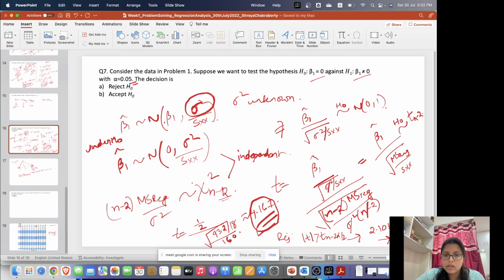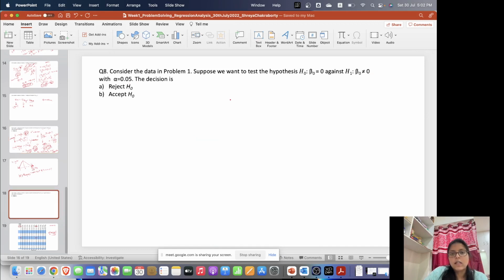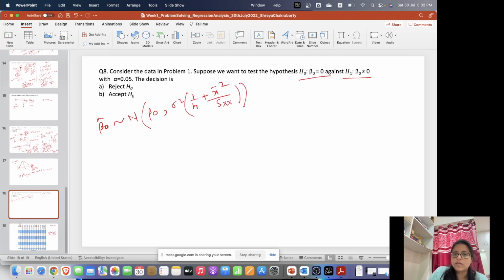Yes, ma'am. Okay. So similarly, this problem is asking us to test the hypothesis H0: beta naught equal to 0 versus H1: beta naught not equal to 0. As we have seen, beta naught hat is also a linear combination of the y's, which follows the normal distribution. So this was its expected value and this was the variance.